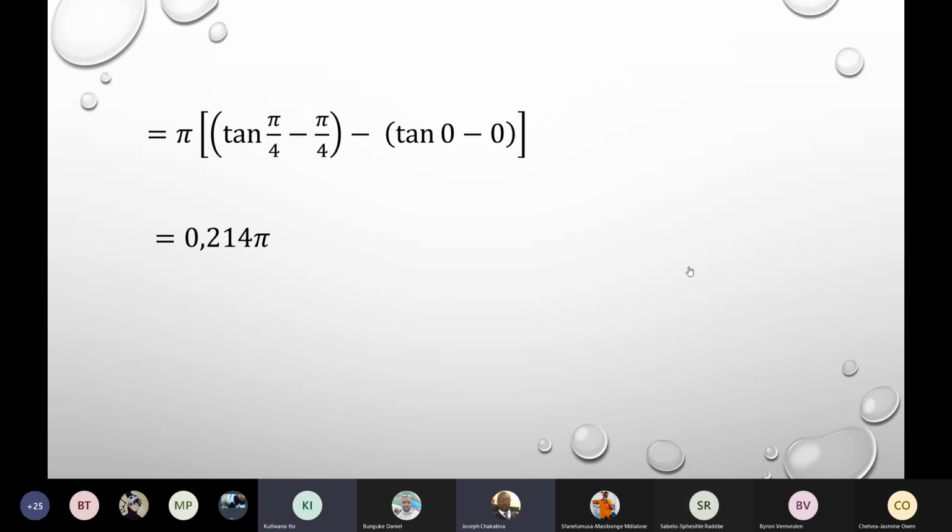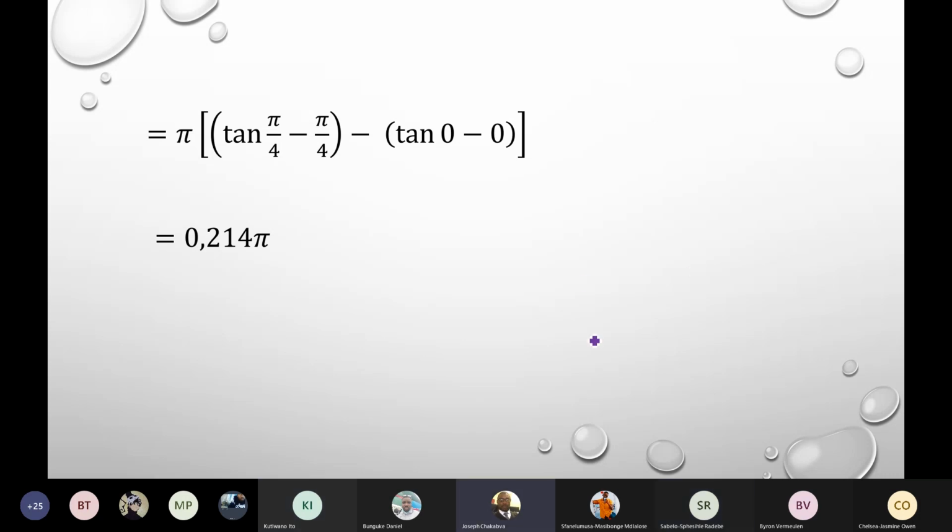But it still gives me 0, sir. When I press it in the calculator, it still gives me 0. 180 over 4. What is 180 over 4? It's 45. So what is tan 45? Let me see. 1.